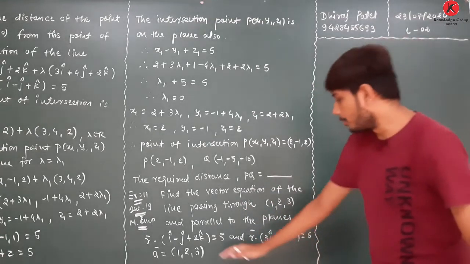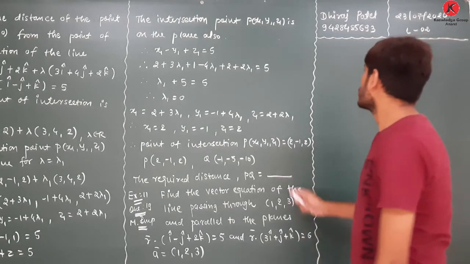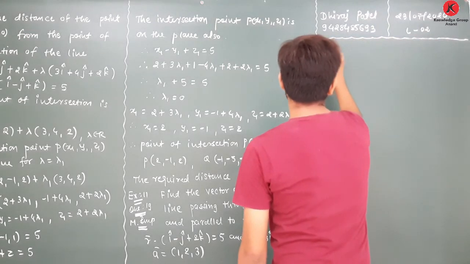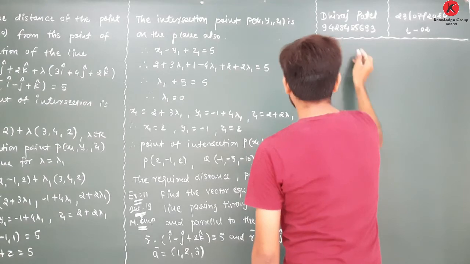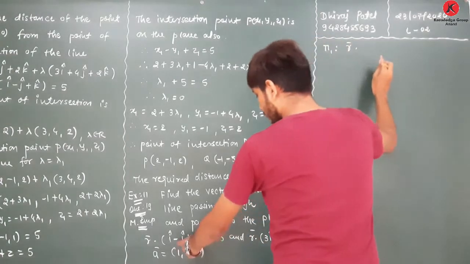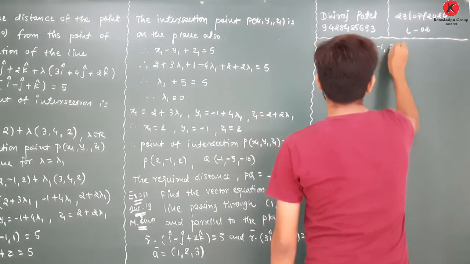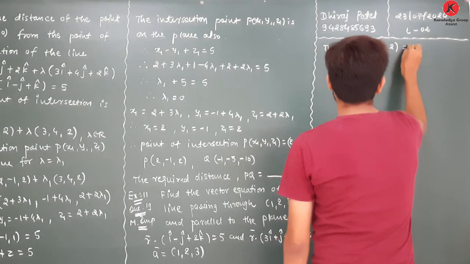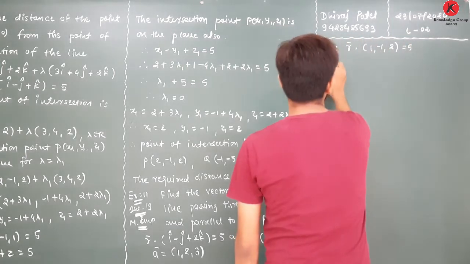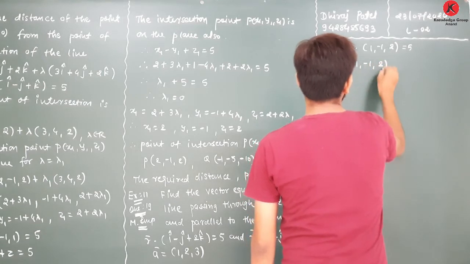First of all, obtain the normals from your equation of plane. So the first plane is given here. Pi 1 is r bar dot (1, -1, 2) equals 5. Therefore, the normal of this plane is n1 bar equals (1, -1, 2).